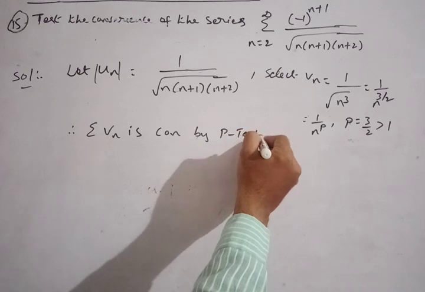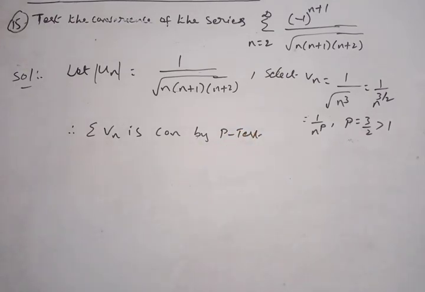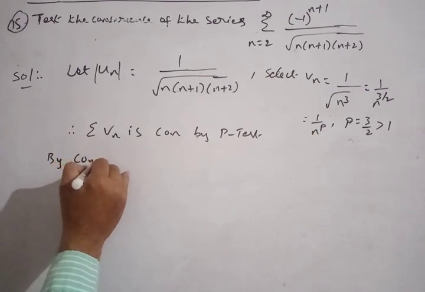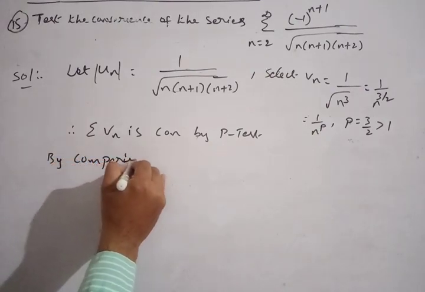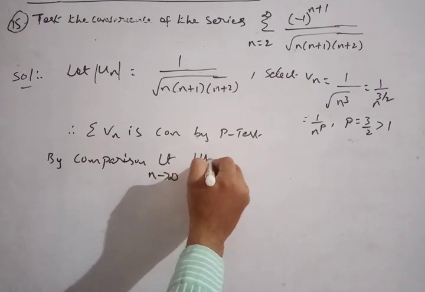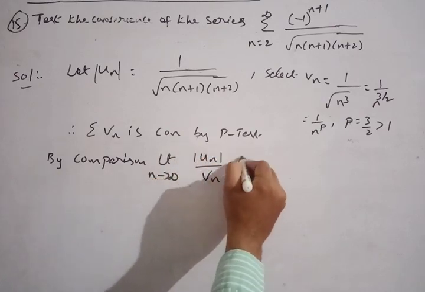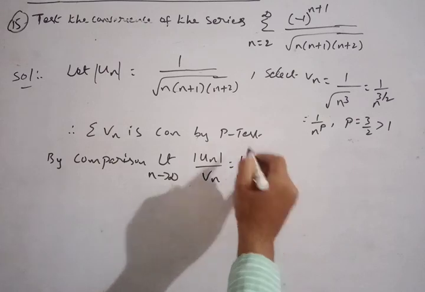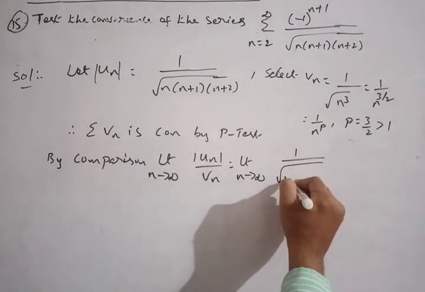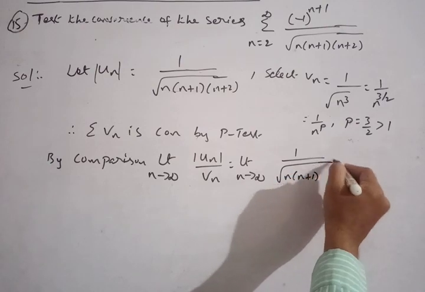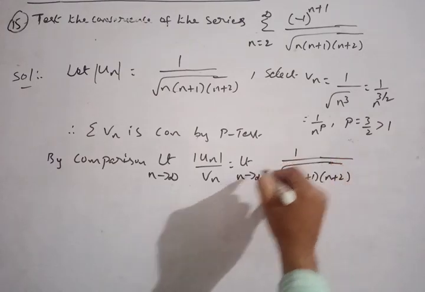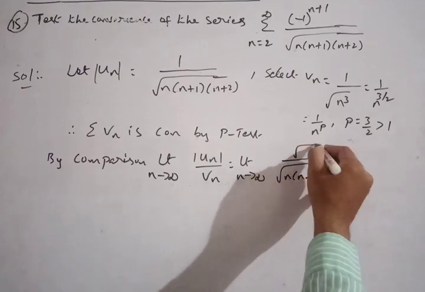If sigma v_n is convergent by p test, then by comparison we have to find the limit as n tends to infinity of mod u_n by v_n. Mod u_n is 1 by root n into n plus 1 into n plus 2, and v_n goes to the numerator as root n cube.